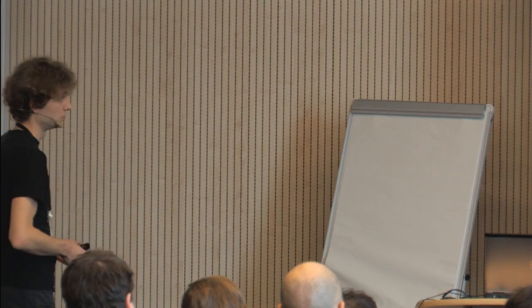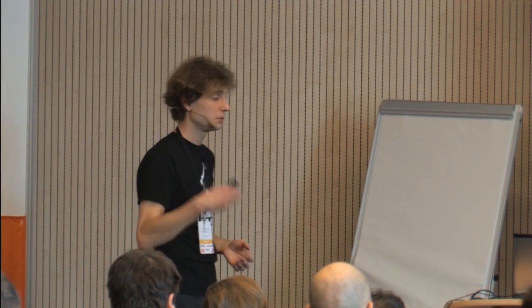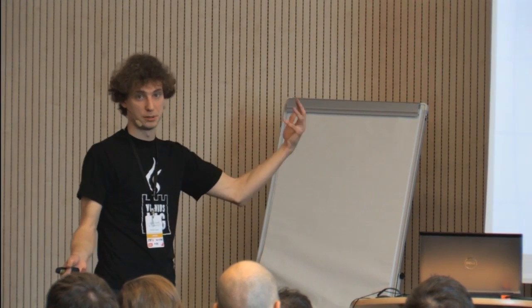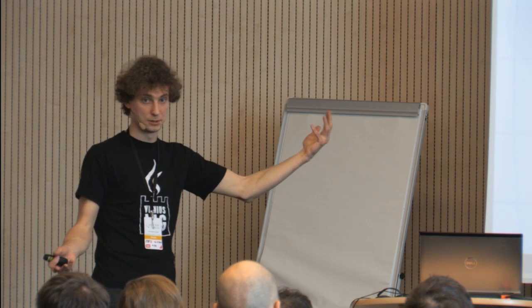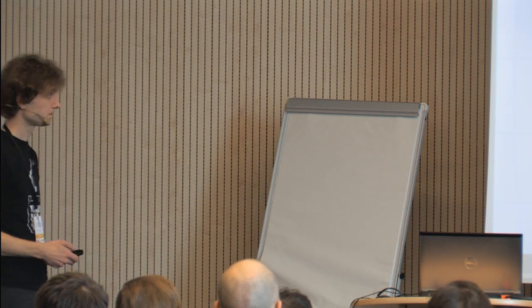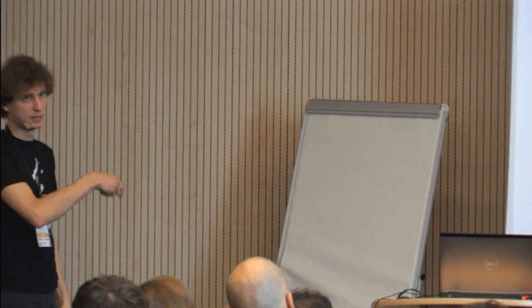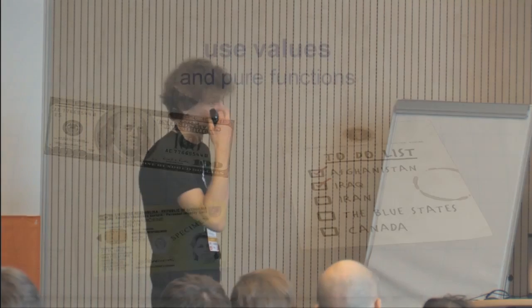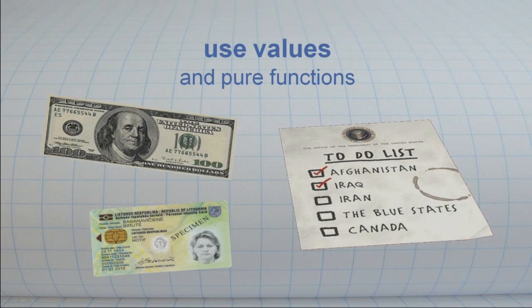If you are in a functional world, what you do is create a new list which has one item removed. But the old one, like a snapshot in time, stays just the same. So you are still working with values, not mutable objects. It can be done in OO languages as well, but it requires certain discipline and library support.